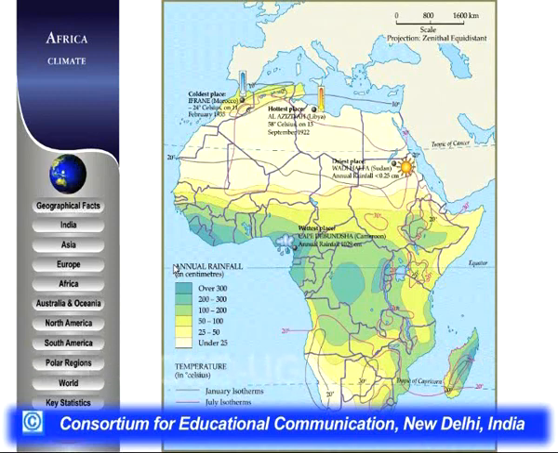So both ways, living condition in Africa is not good. Therefore, maximum number of tribes living in the forest, living in the desert, found in Africa continent.